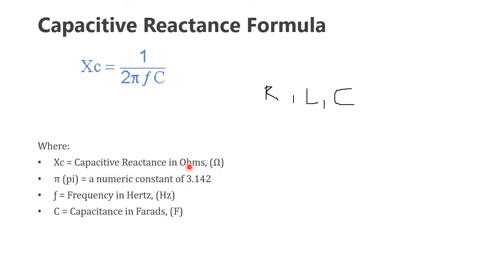The unit is ohms, and XC will be equal to 1 over omega C. Omega means 2 pi F into C. Pi is a numeric constant, the constant value is 3.142. And F is the frequency. The unit of the frequency is hertz. And C is the capacitance. The unit is farad.